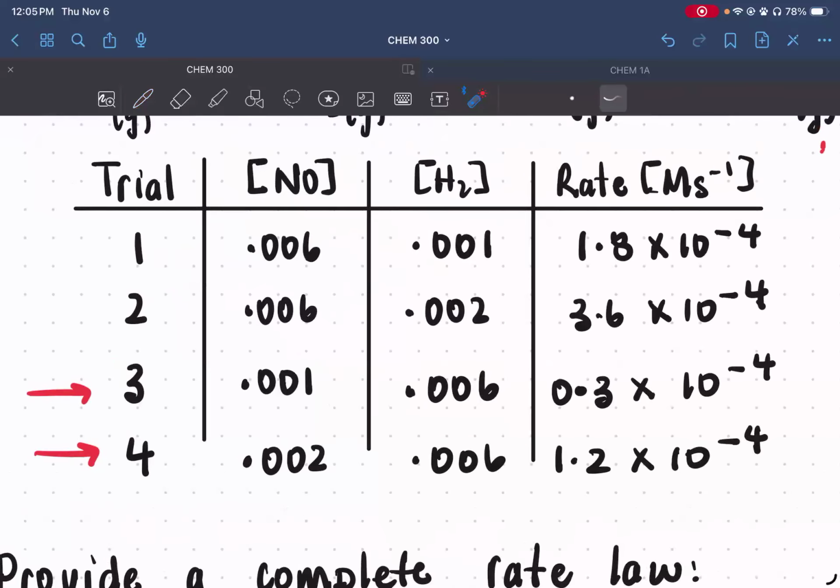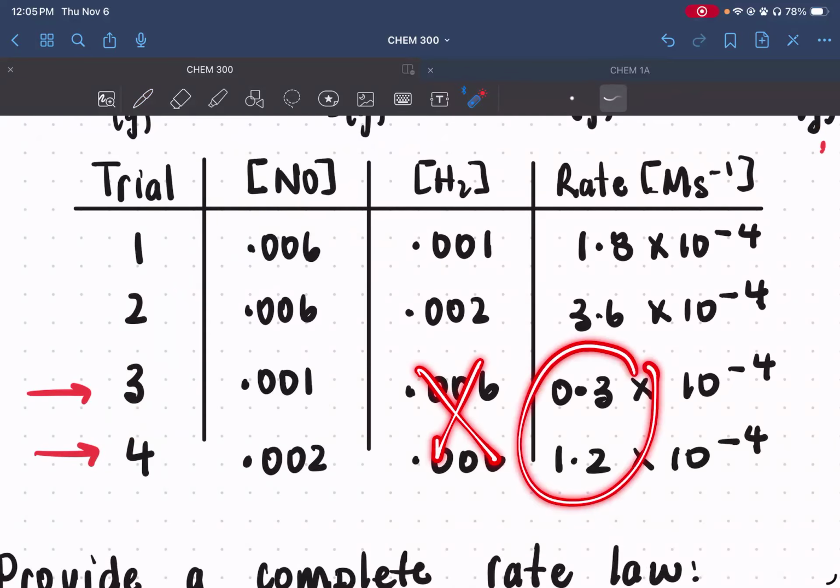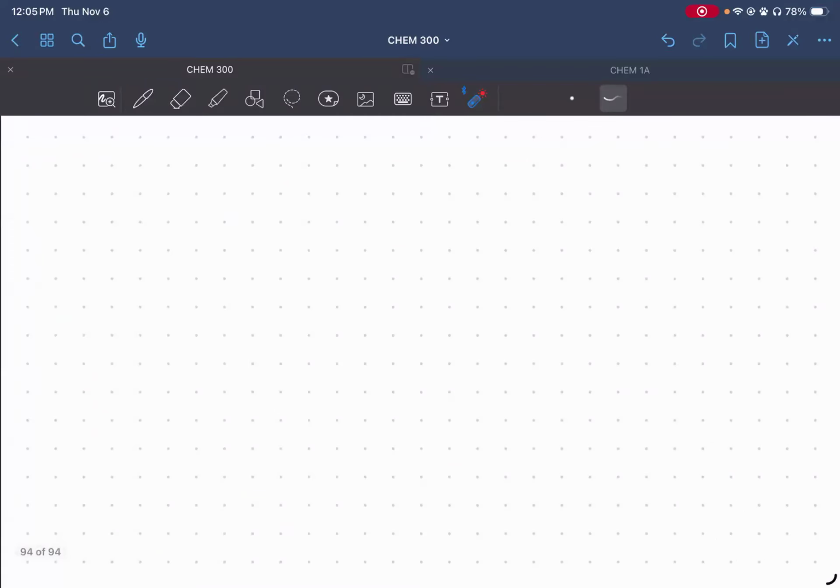We can clearly see that in the case of trial 3 and trial 4, H2 does not change. So any change in rate has to be because of the NO. Maybe some of you, as you're looking at it, are already able to predict the order in your head. Don't say it out loud.